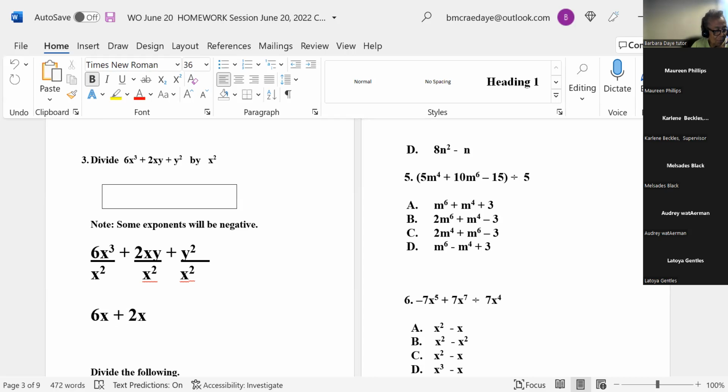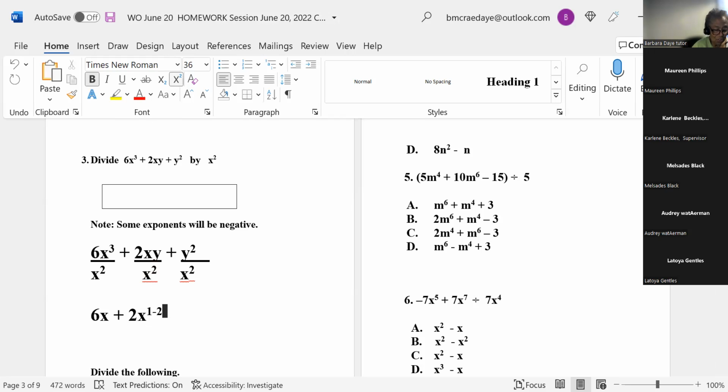I think I get x to the second. Let me see. No, remember this is to the 1 and this is the 2. So x, that's going to be one. Audrey, x to the 1 minus x to the second, minus x to the second, right? Okay.